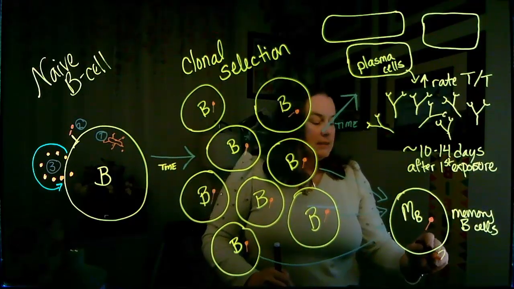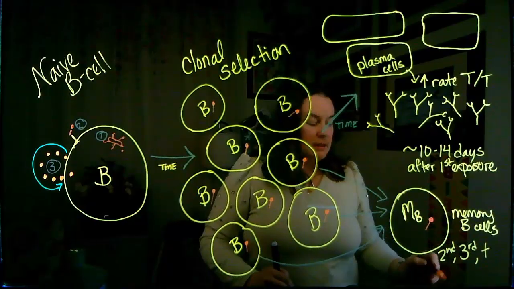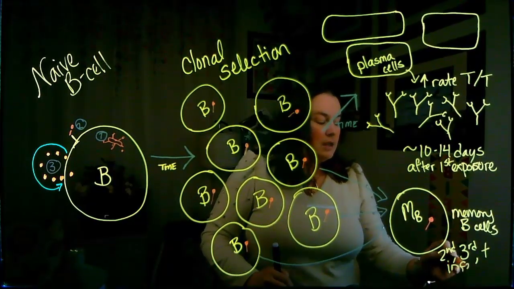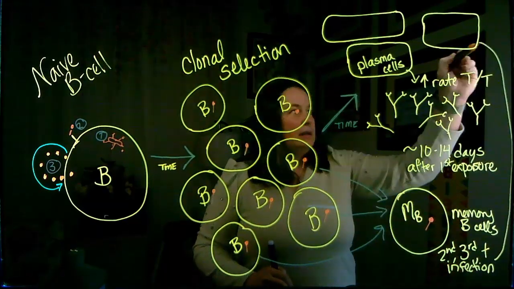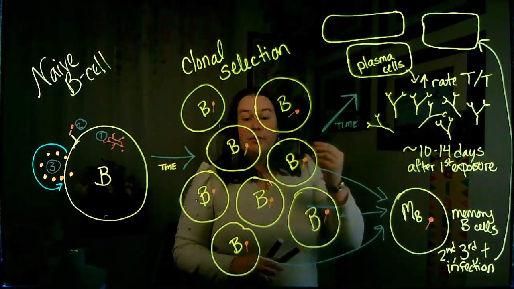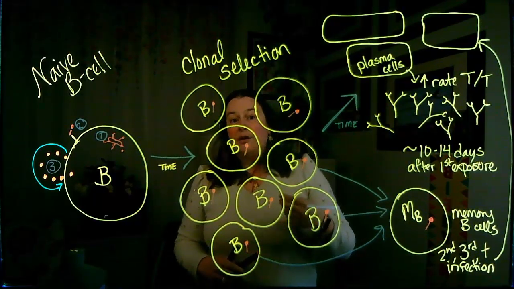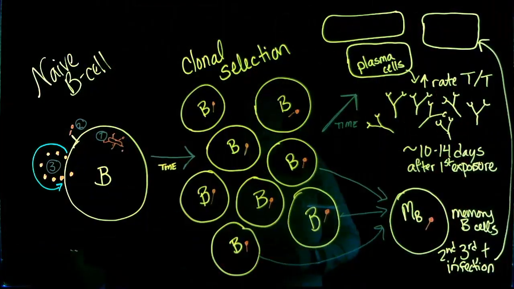And in a second, third plus infection, these memory cells really quickly can turn into a plasma cell. And that allows for a much more rapid response in the production of antibodies. So let's consider this one more time in summary.